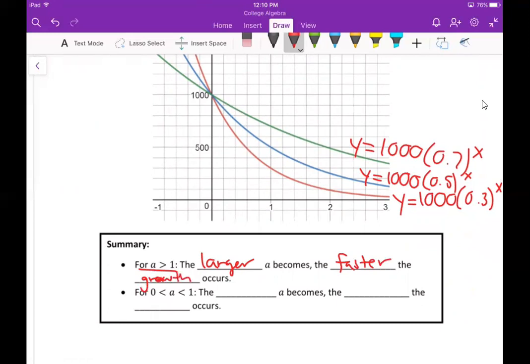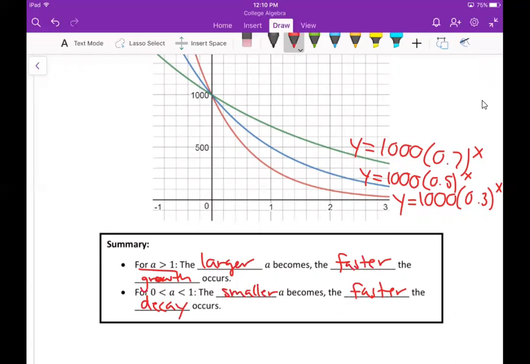But the reverse happens for decay. The smaller A becomes, that means we have less percentage to keep, the faster the decay. All right, so visualizing those functions there, we can say immediately if decay is slower, then it must have a bigger decay factor.